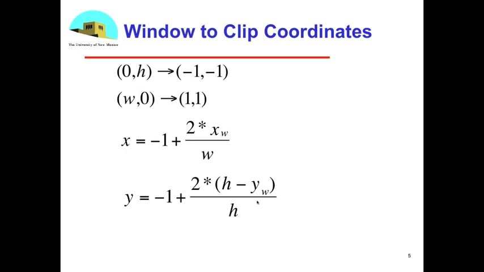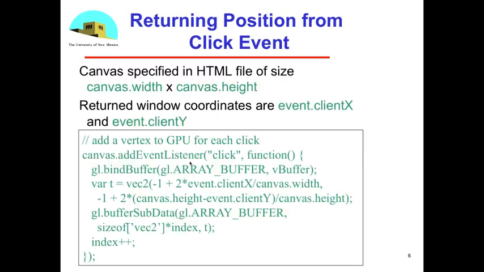So if we now get a position back from our event listener, then somewhere there we're going to build in this coordinate conversion, and we'll see that in the next couple of slides. We look again at the HTML file and at the JavaScript file.